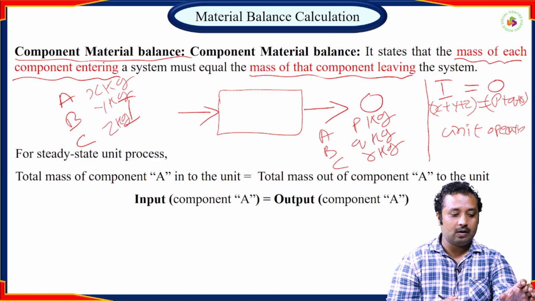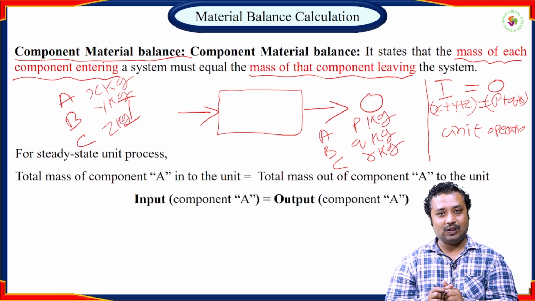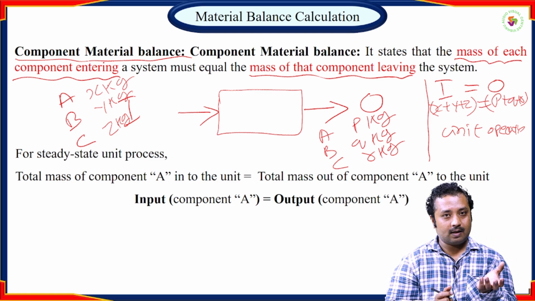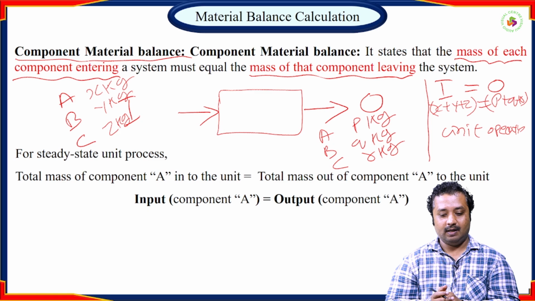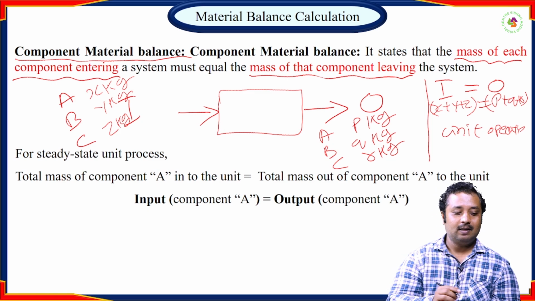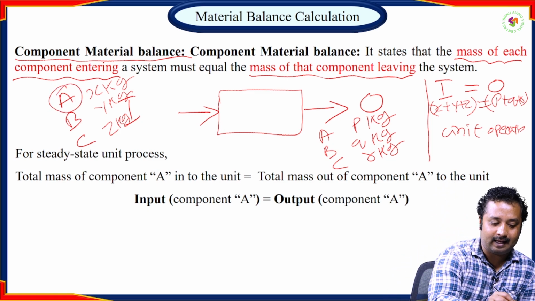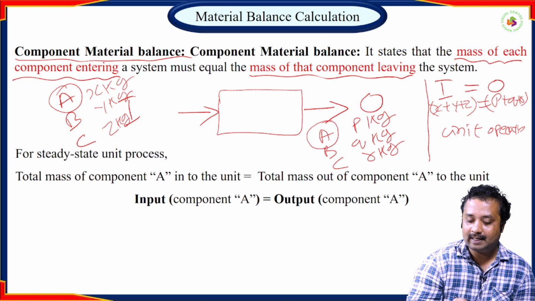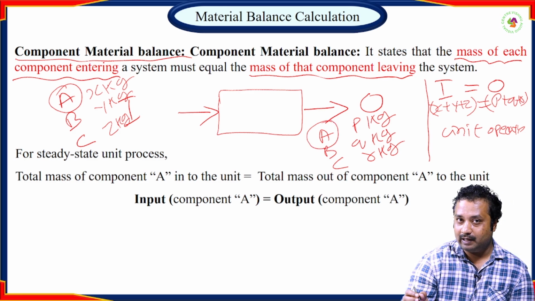Now, component balance. In component balance, we consider the material balance of each component. The amount of material A that is entering should be equal to the amount of A that is leaving.